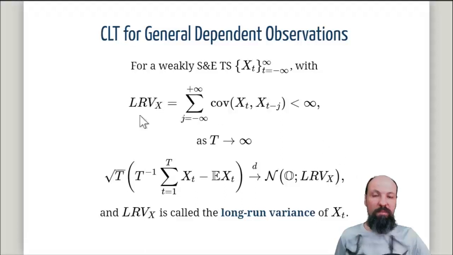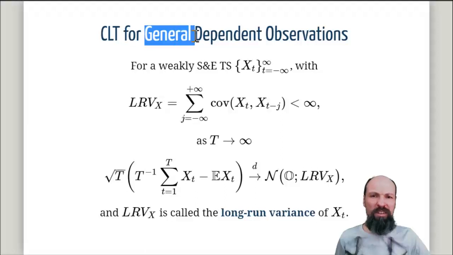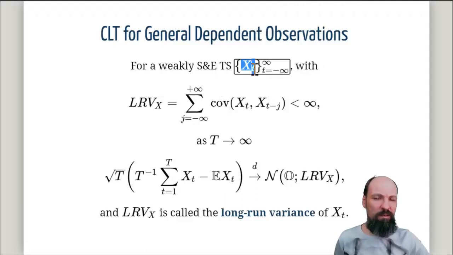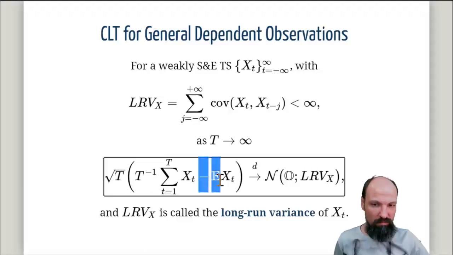And then another limiting theorem is the so-called central limit theorem, but not the basic central limit theorem, but the central limit theorem for general dependent observations. This is another version of the central limit theorem, which says that for a time series, not an IID series of variables, with finite variance and some other finite moment, you get the same square root of the sample size times the average minus the expectation.